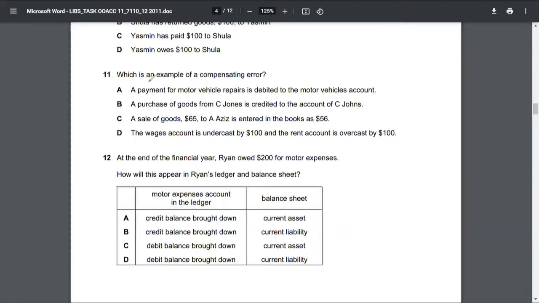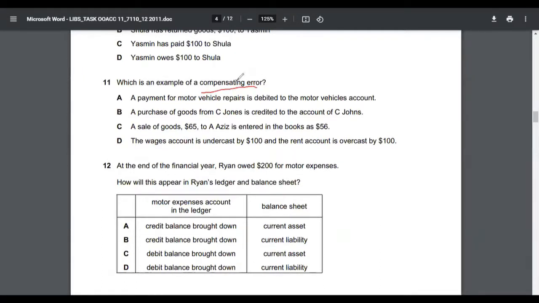Multiple choice 11, which is an example of a compensating error. If you remember, a compensating error is an accounting error which has zero effect.